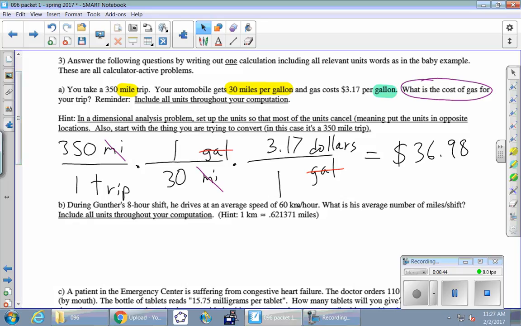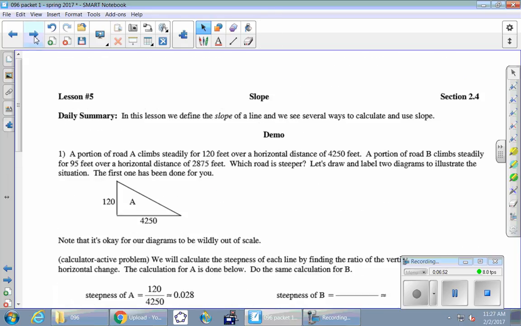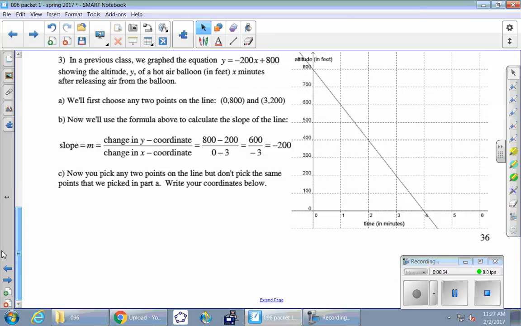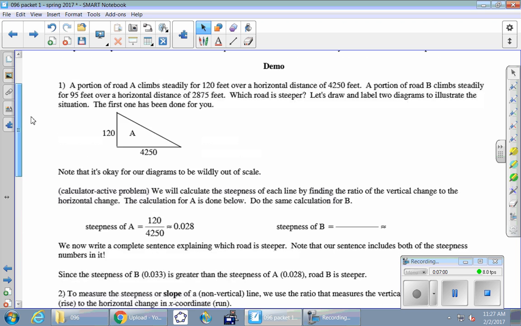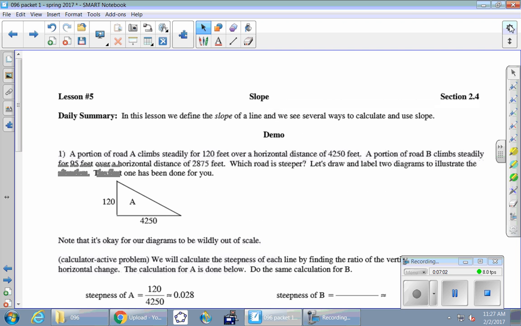Okay, so what we are going to do is spend our last 12-ish minutes taking a look at slope. So can everybody jump to this page right here, page 36? Okay, so here's the plan.